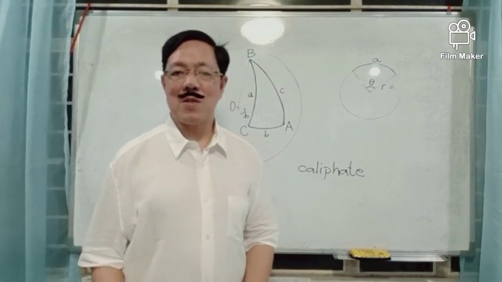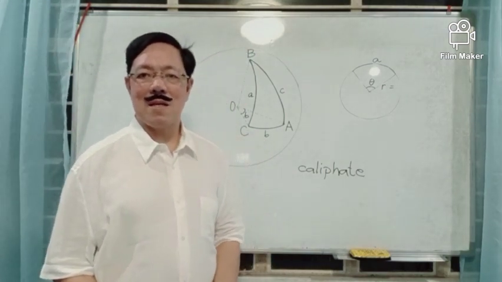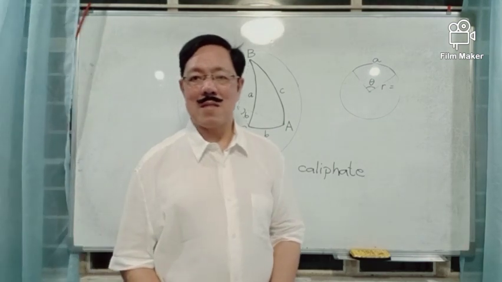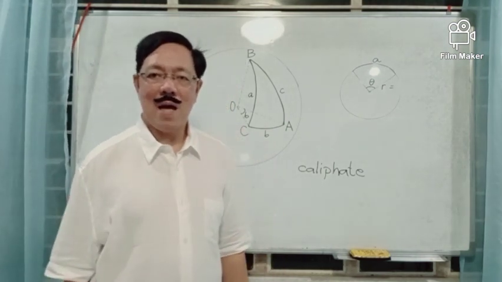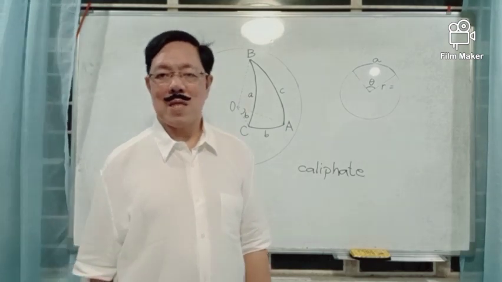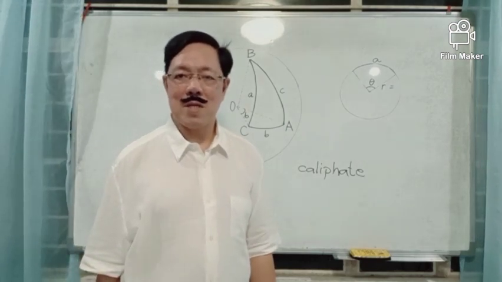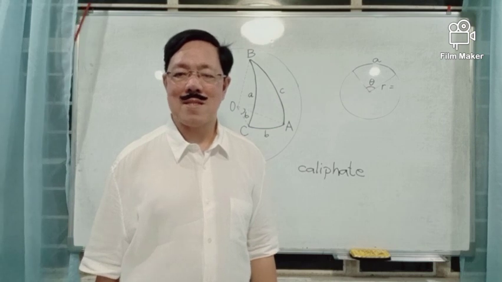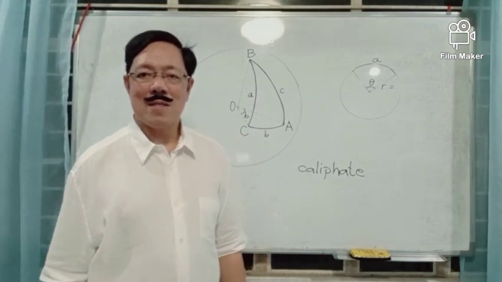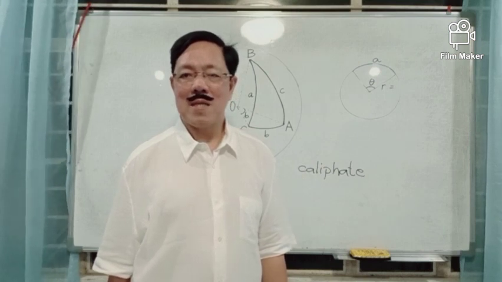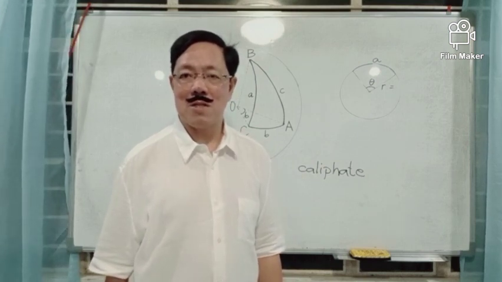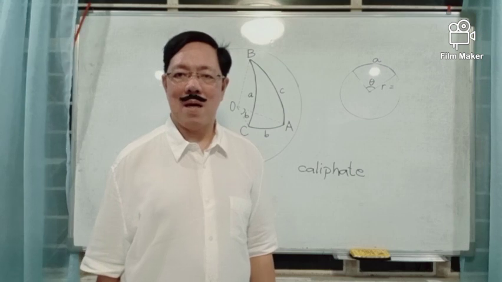So spherical trigonometry originated in the Islamic caliphates of the Middle East, North Africa, and Spain during the 8th century to 14th century. And the basic problem they were solving was finding the direction to Mecca.